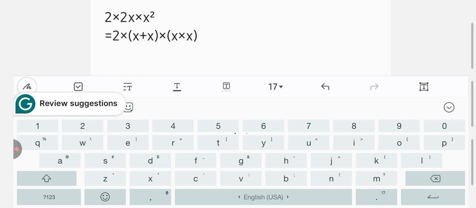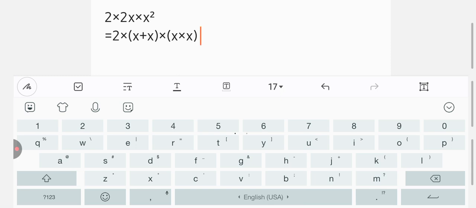Now we get this. Now you may ask why we get brackets inside it. Why do we use the brackets? We use the brackets because the x plus x terms were simplified first, because after simplifying x plus x you get 2x. That's what it means.